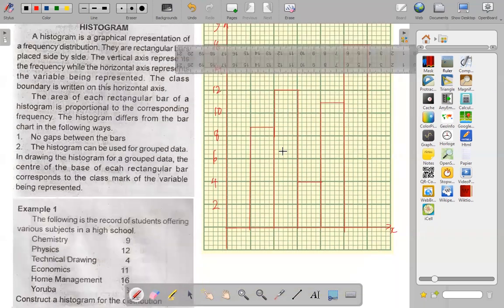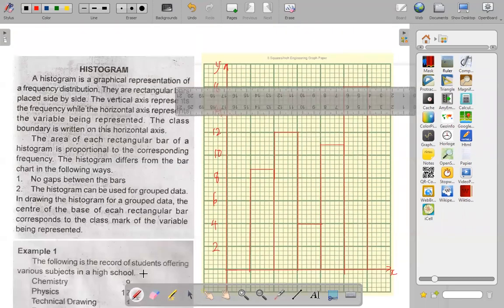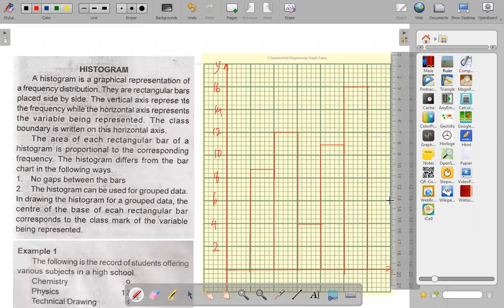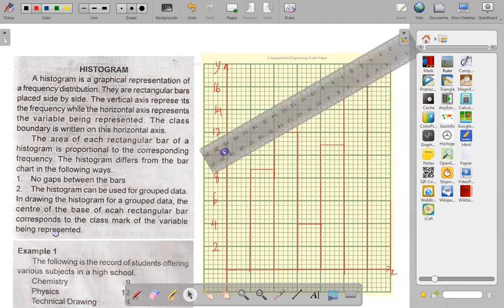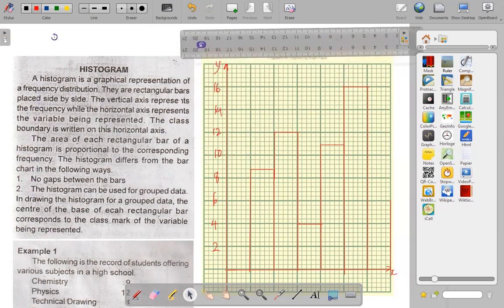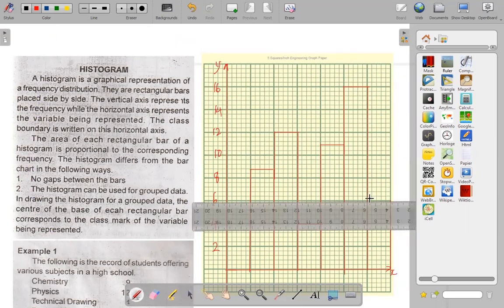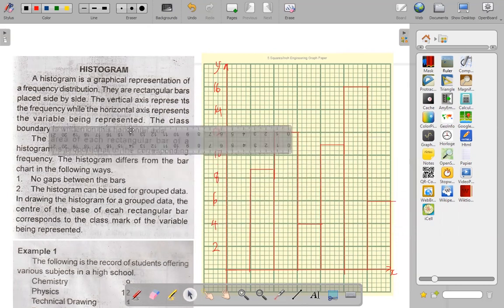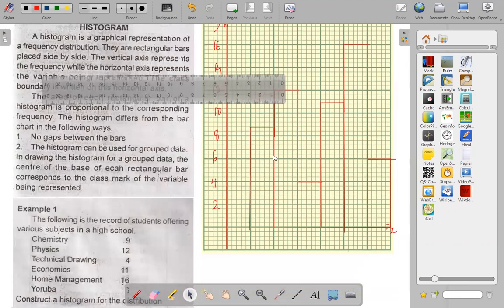And finally, we have Yoruba, which is 6. Okay. And now label each of the data.